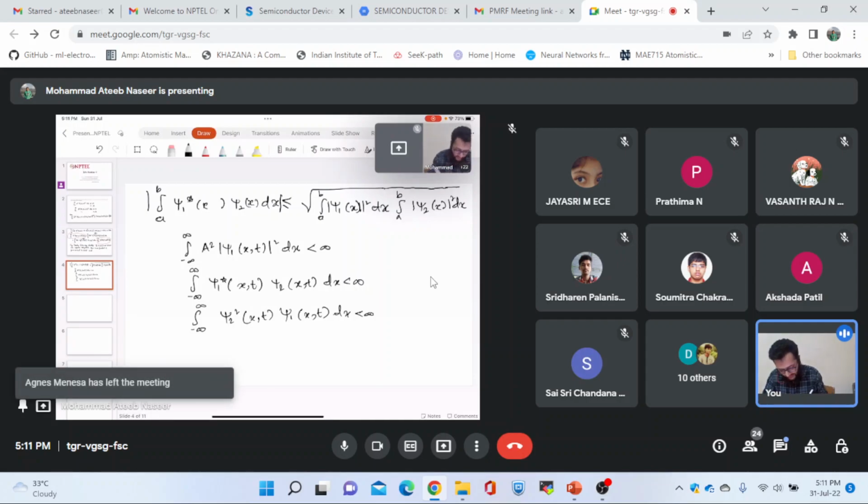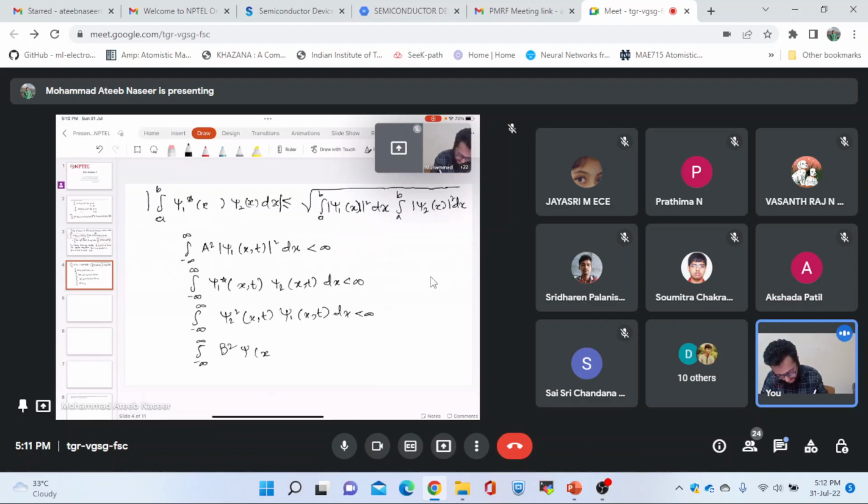So what we have seen is that by simply using this relation, the terms in the expansion of this linear combination are also less than infinity. So this linear combination of psi1 and psi2 is also physically realizable.